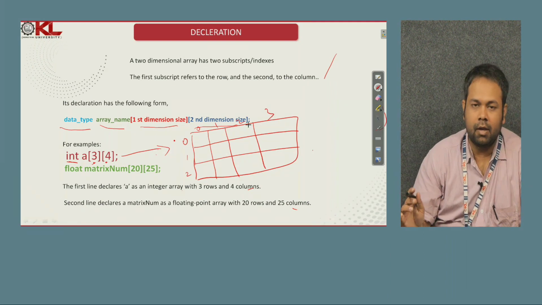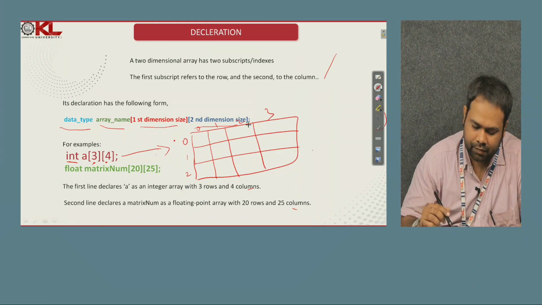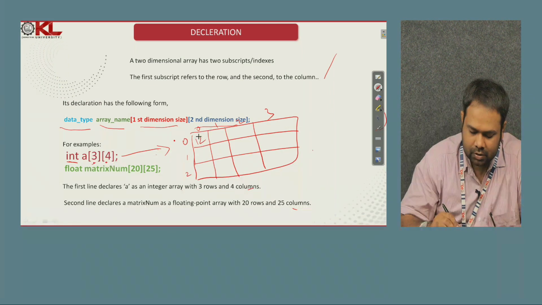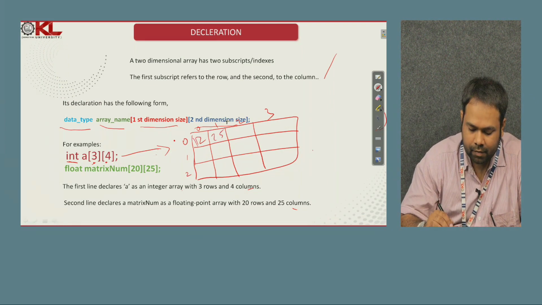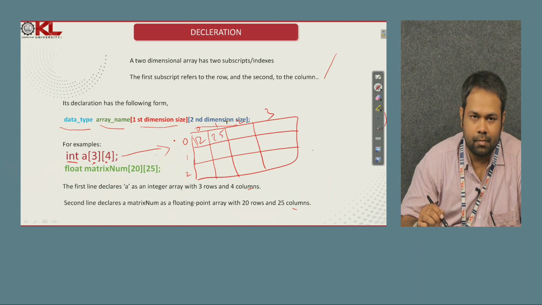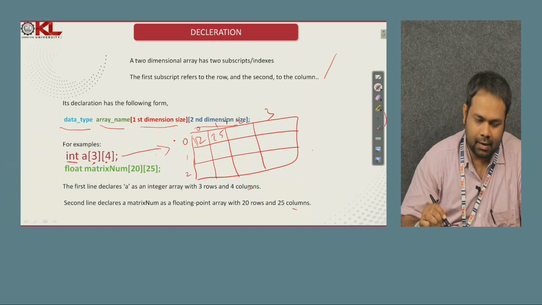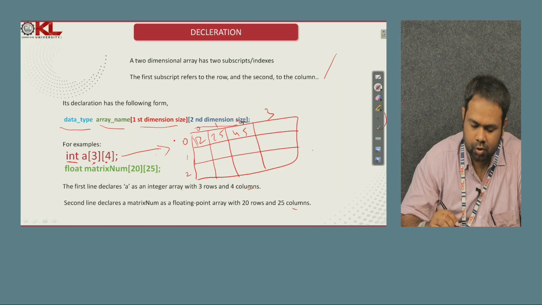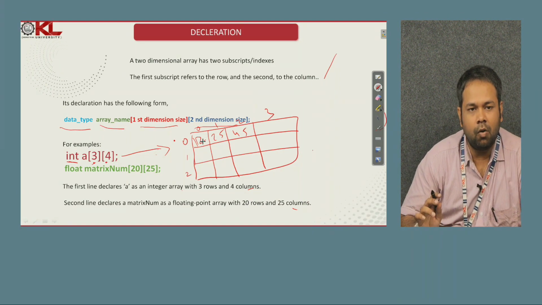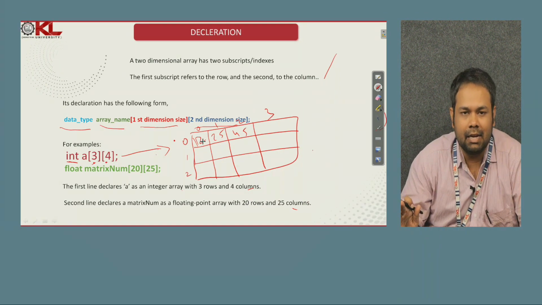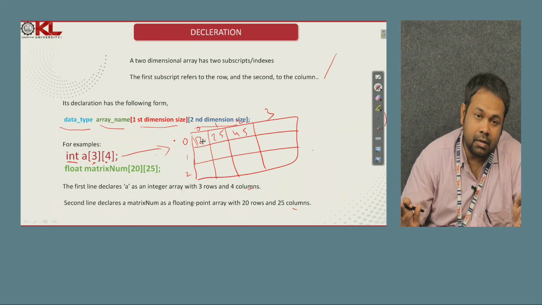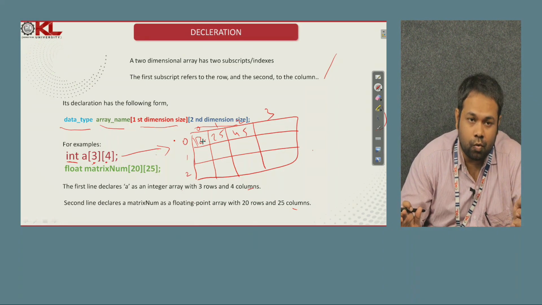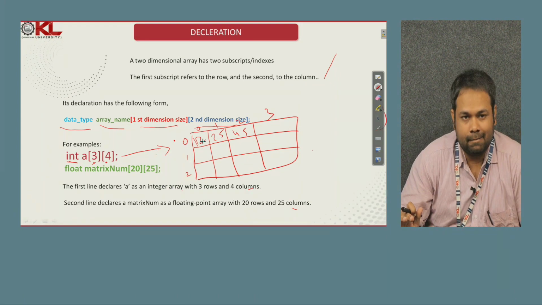Now if I start storing my elements, the first element will be stored like this, 12, a of 0, 0. Next 25, a of 0, 1, like that. Or I can say 45 belongs to a of 0, 2. This is how the elements are going to be stored in a two-dimensional array.